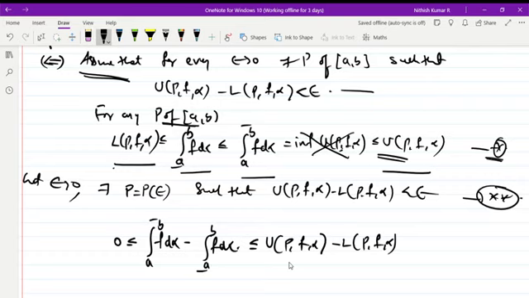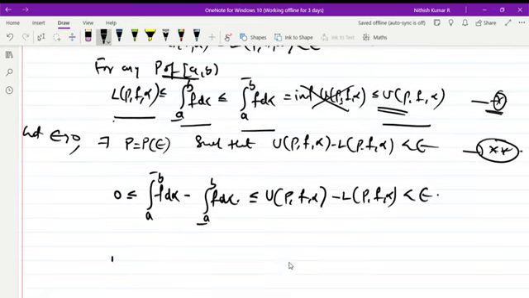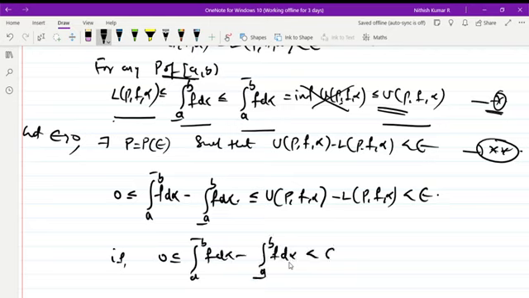By double star, this is less than epsilon. So we got 0 less than or equal to the upper integral of f d alpha minus the lower integral of f d alpha, which is less than epsilon.